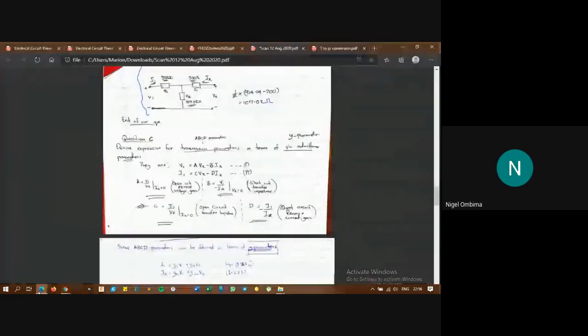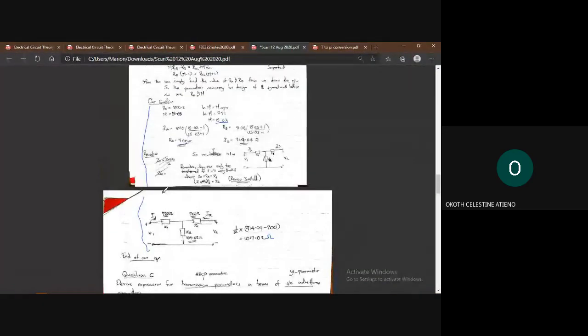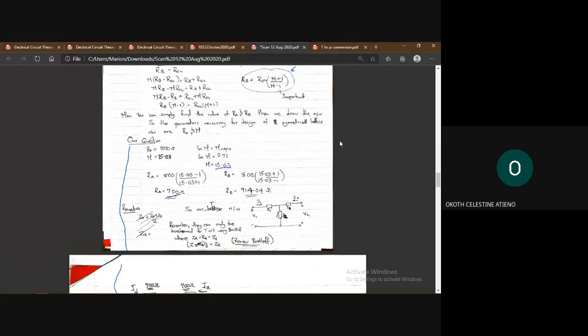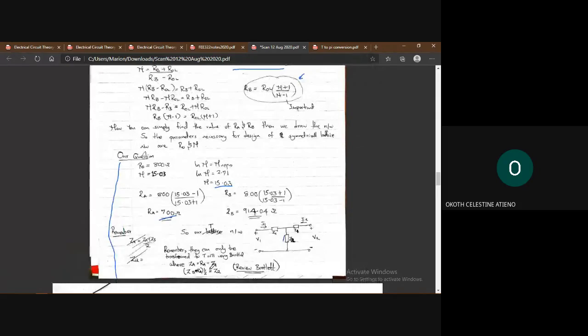Nigel: Yes, could you please go back to your page? This part you're talking about. Okay, when we're changing it, scroll chini kidogo, yeah. When you're changing it to a T network, we read the method you just used. Okay.